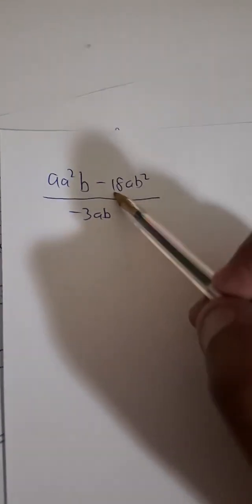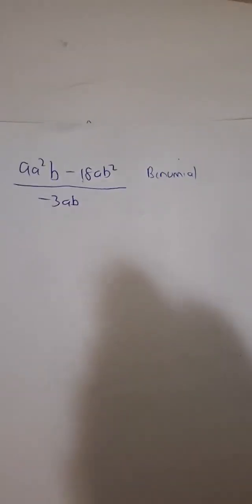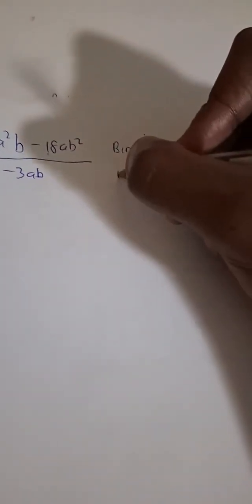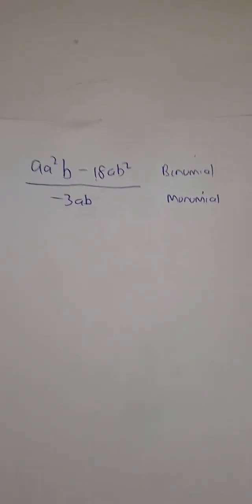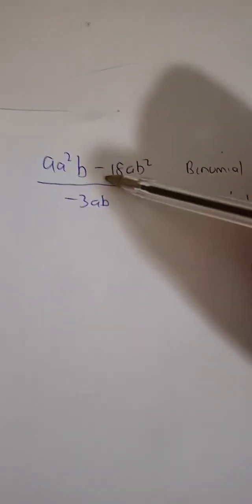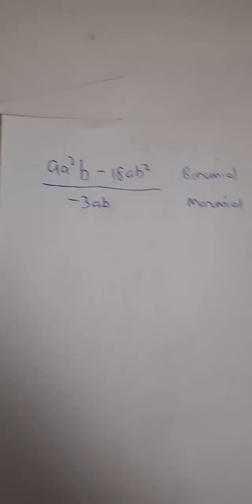What do you see here? At the top, we have a binomial. At the bottom, we have a monomial. We spoke about what happens whenever we have a monomial, a binomial, or a polynomial, many terms in the numerator as opposed to one term in the denominator.